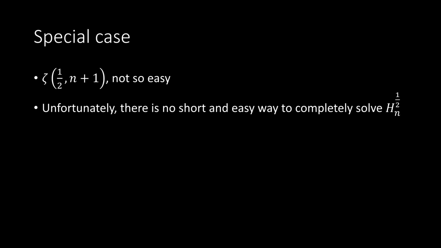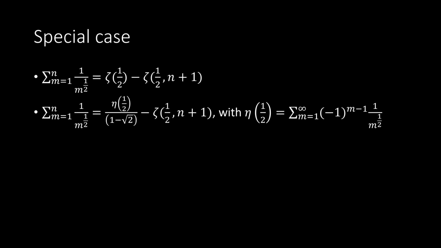And unfortunately, there's also no short and easy way to completely solve the harmonic number to the power of 1/2 and the index n, because the Hurwitz zeta function is just out of scope. So this was our previous approach, and we found something for the first term, and we just leave the Hurwitz zeta function as it is.